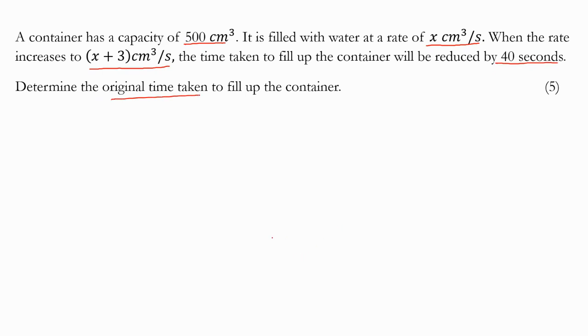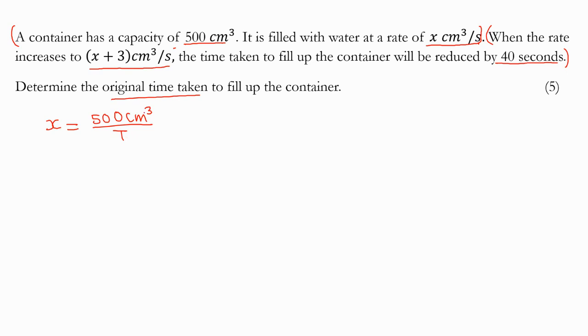We have two pieces of information here, this and this. The rate is x cubic centimeters per second. What equation can we write from this? So the rate, which is x, is equal to 500 cubic centimeters per time, per second, which is time.